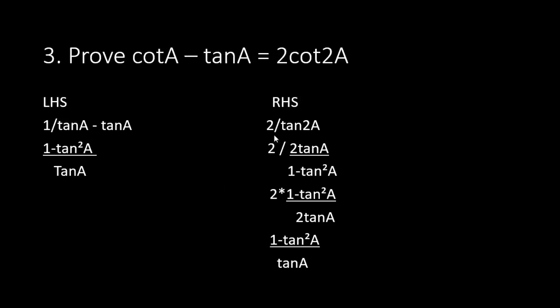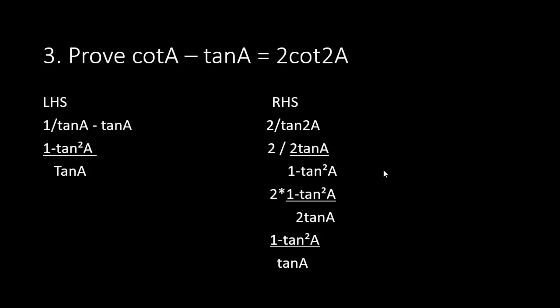So we have 2 divided by 2 tan A divided by 1 over tan squared A, and when that happens, we times that by 2 divided by that. So the bottom one we times by the 2, and this gets divided by the whole thing. That's really complicated. This one's quite hard.